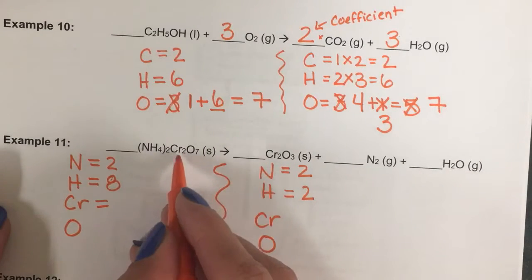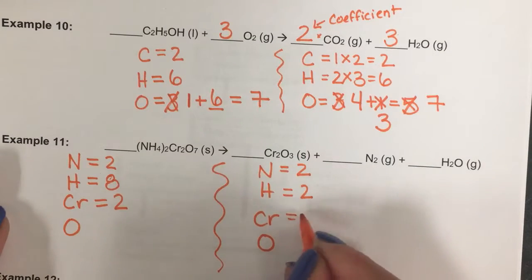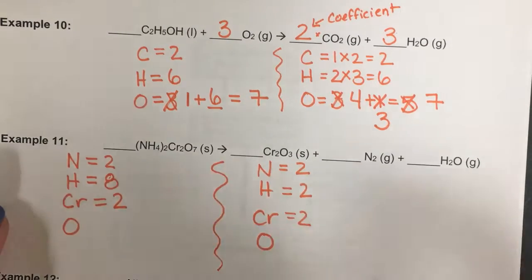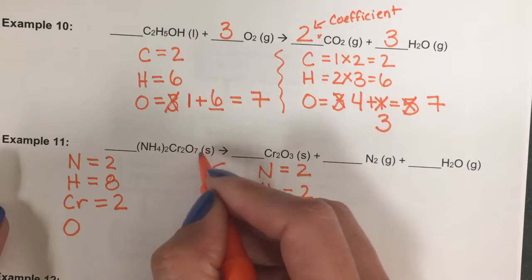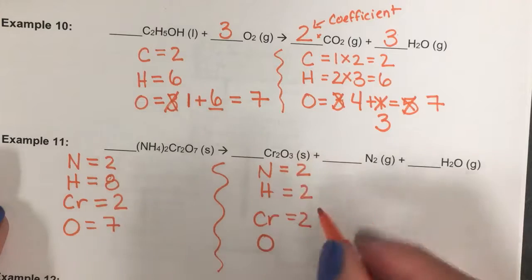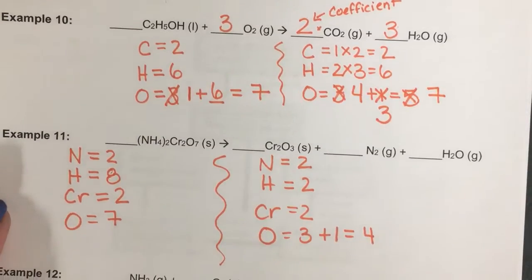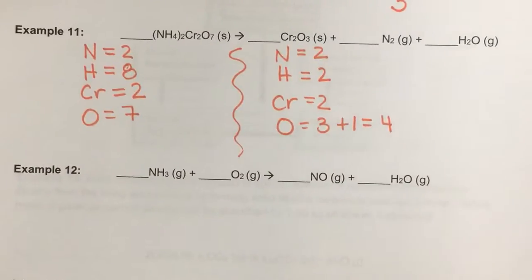On the left side, 2 Crs. On the right side, 2 Crs. On the left side, 7 O's. On the right side, 3 O's here, 1 O there, 4 O's total. Okay?